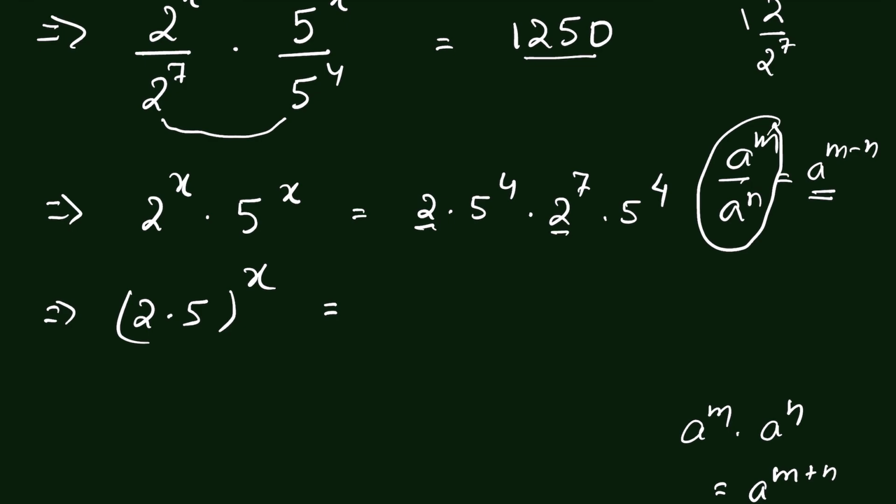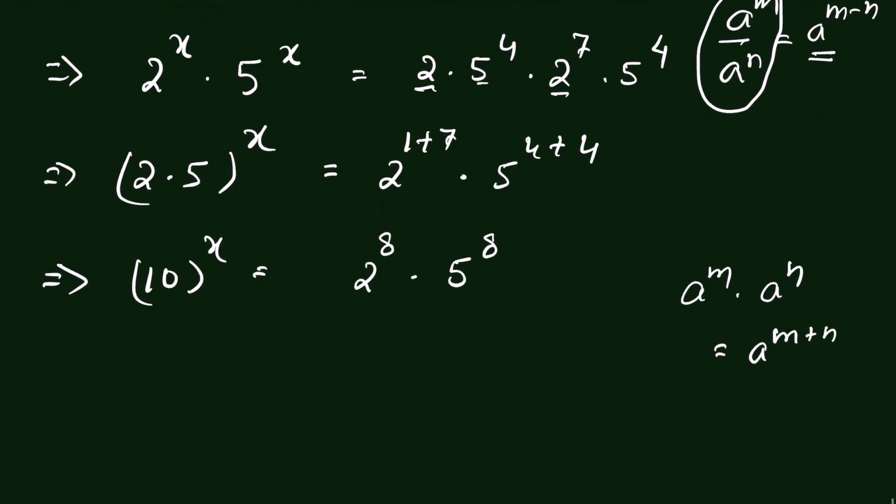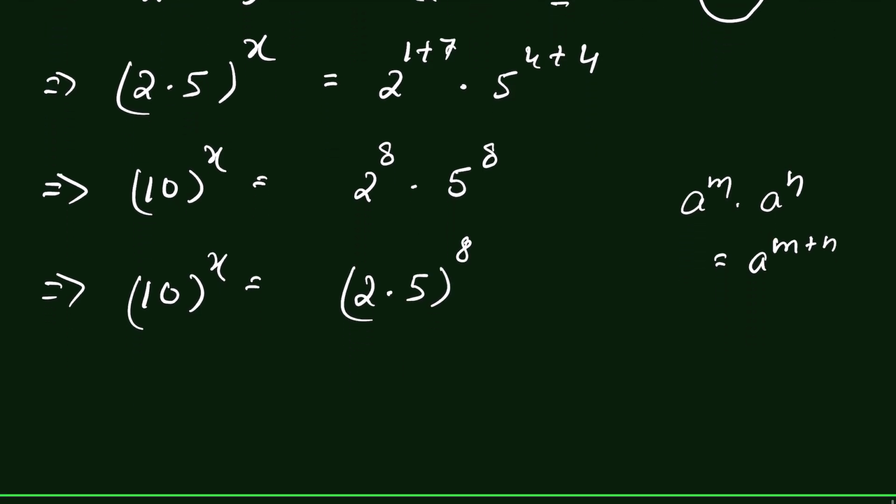Two bases are same, so we can write 2 to the power 1 plus 7 and times 5 to the power 4 plus 4, or this is 10 to the power x is equal to 2 to the power 8 times 5 to the power 8, or 10 to the power x is equal to, again we can write it as 2 times 5 whole to the power 8.